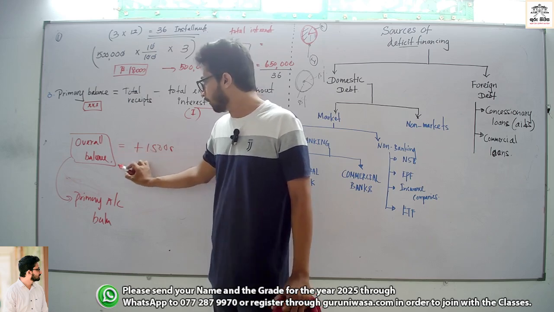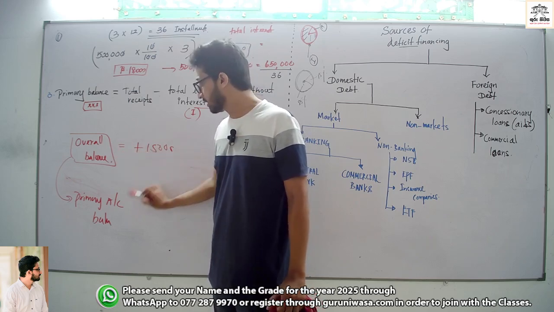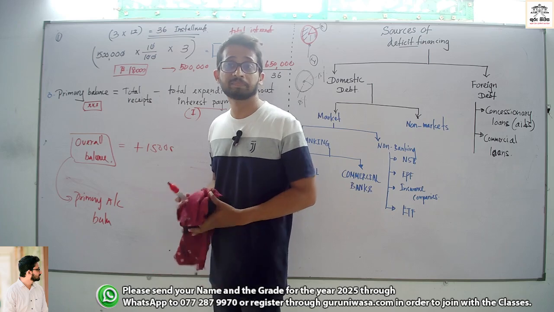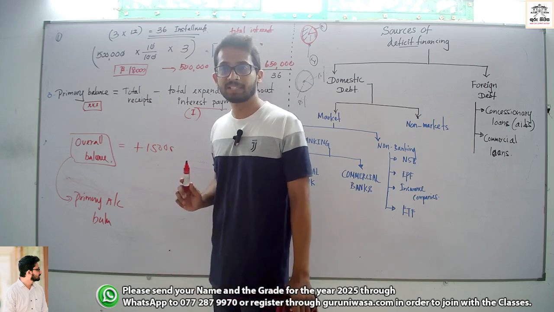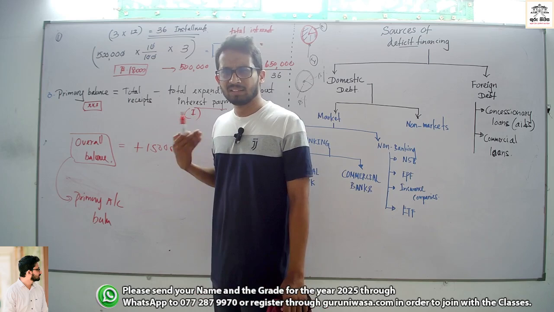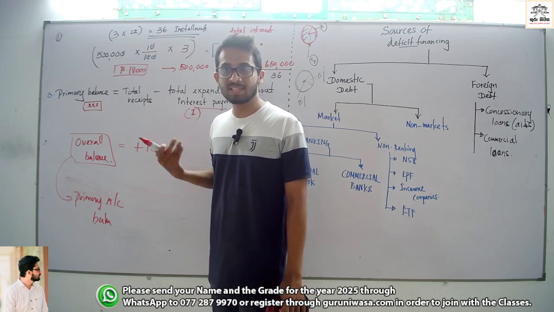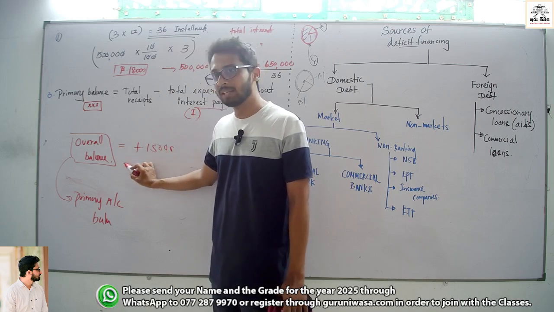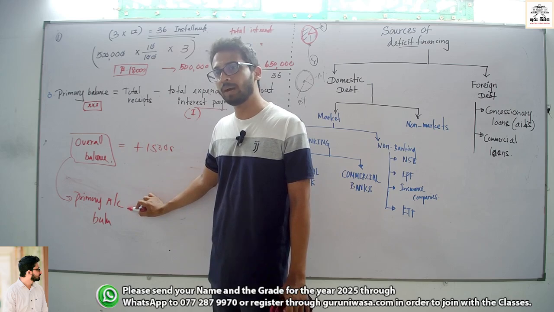You will be given an overall balance of 15,000 surplus. Then I want you to calculate primary account balance. How would you do it? Tell me. These are analytical skills. These are not economics.